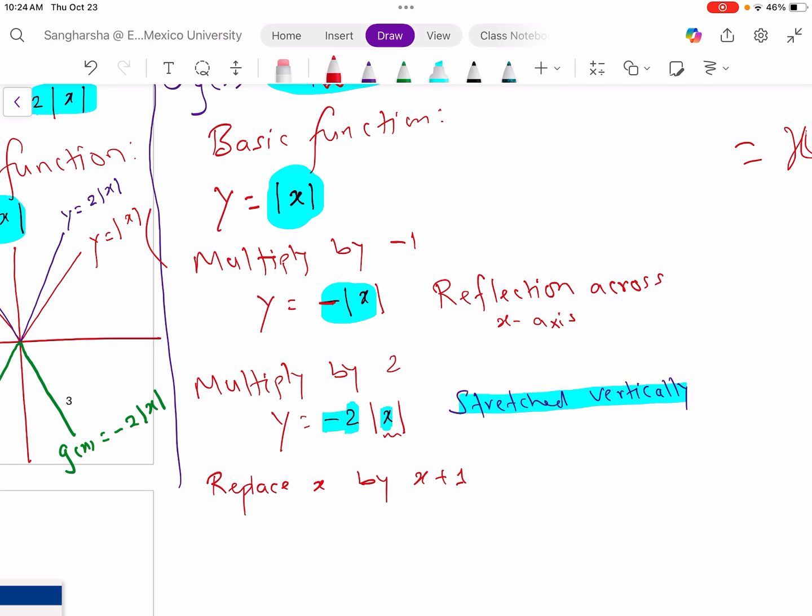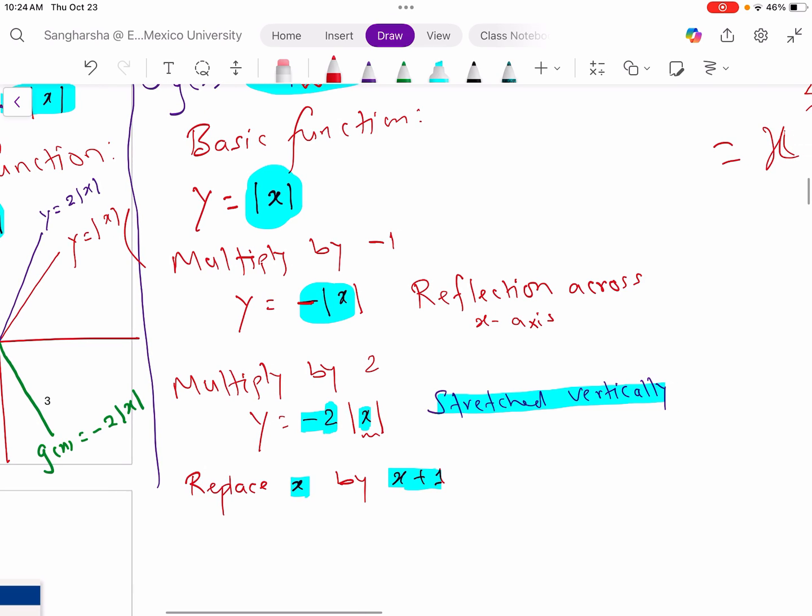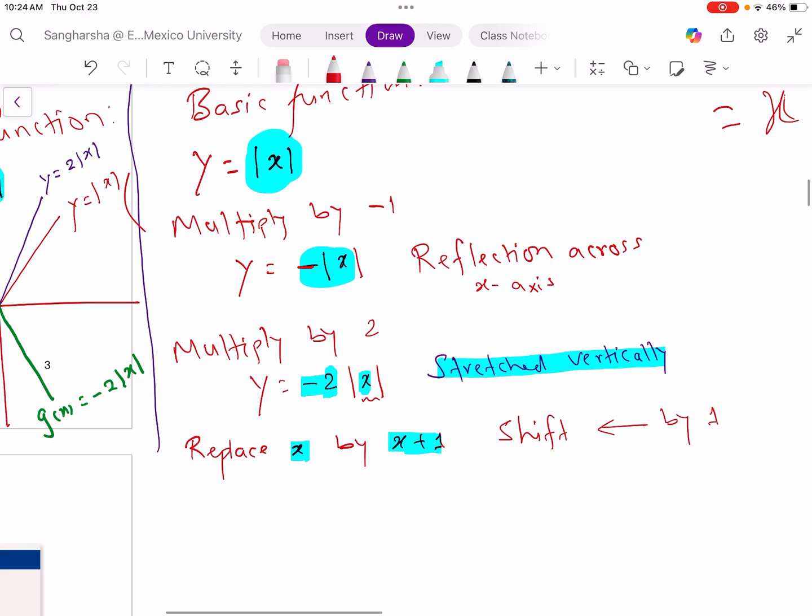What happens to the graph if you replace x of a function by x plus 1? It shifts horizontally left by how many units? 1, right? So shift left by 1 unit. Now our y becomes negative 2 absolute value of x plus 1. We replace this x by x plus 1, so this is what we have.